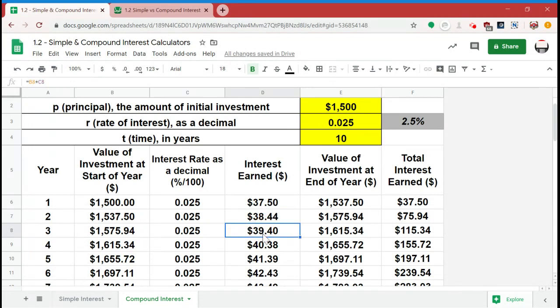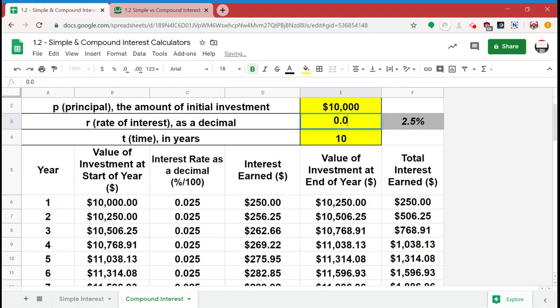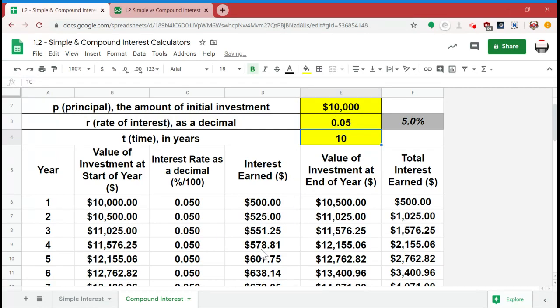And then the amount of interest that you earn in year 3 is based on the year 3 value times the interest rate. So what's happening every year, and again, I can change these values around, perhaps I'll change them to more standard values to make it a little more clear, is when you earn interest, that interest is reinvested, and then you start earning interest not only on the initial investment, but on the interest that you earn as time goes on.